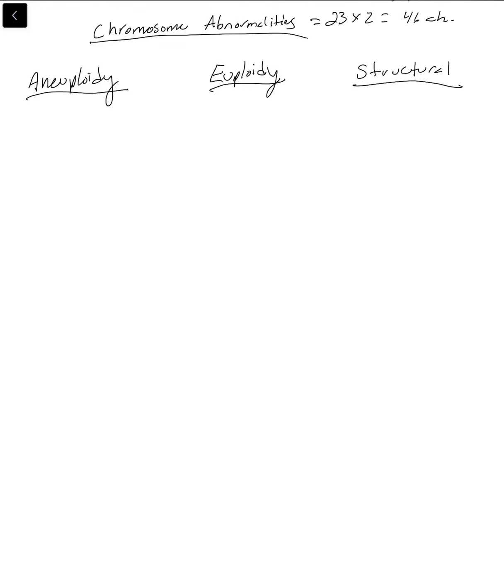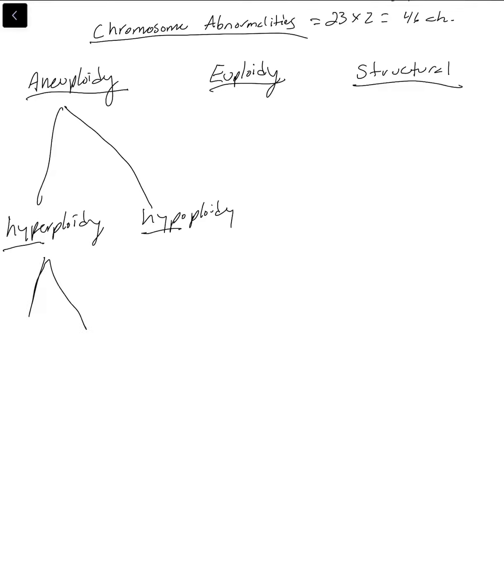So aneuploidy is going to have 2 branches. You're going to have hyperploidy and hypoploidy. Hyper is high. With higher, we're going to have 2 different guys.